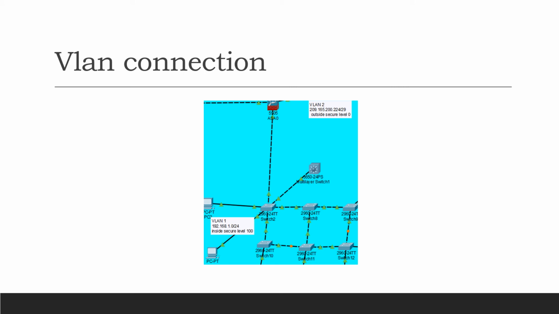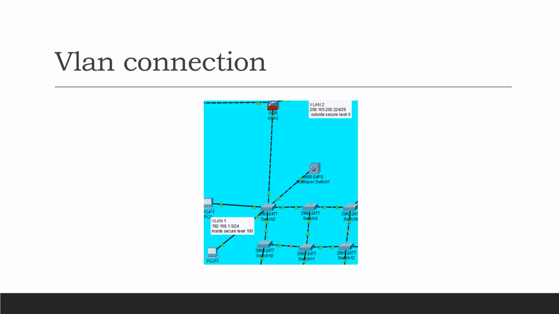And VLAN connection is very important in the ASA firewall, and the security level should be set very high inside VLAN 1, and the IP address is 192.168.1.0, and this one can also connect 100 more devices because it needs most employees to work.